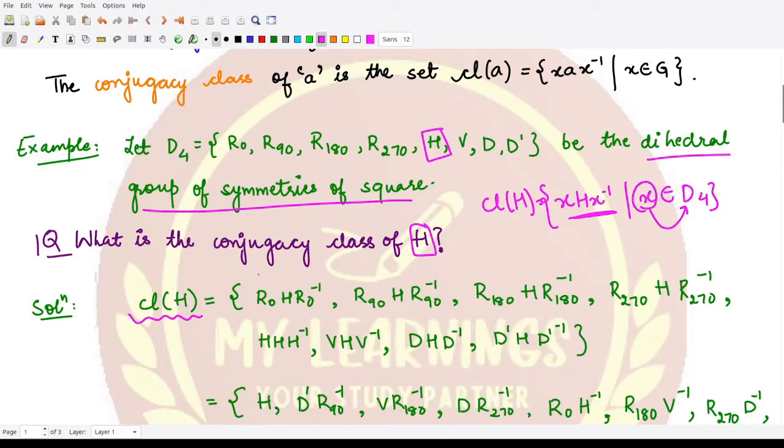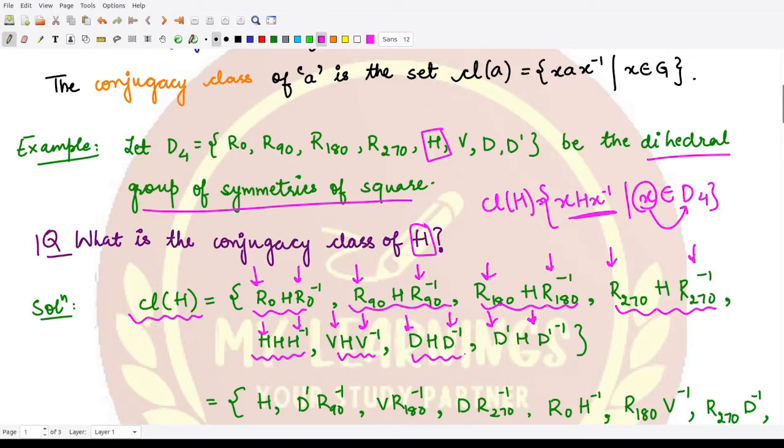We know in D4 we have R0, R90, R180, R270, and then H, V, D, and D dash. Corresponding to these 8 elements, we obtain this expression, solve it, and then exclude all the values which repeat themselves, and we will be left with the set consisting only of the entries which are in fact the conjugates of this element H.